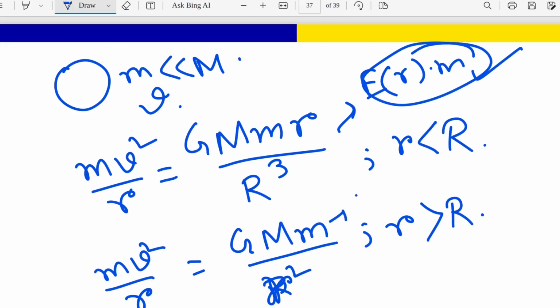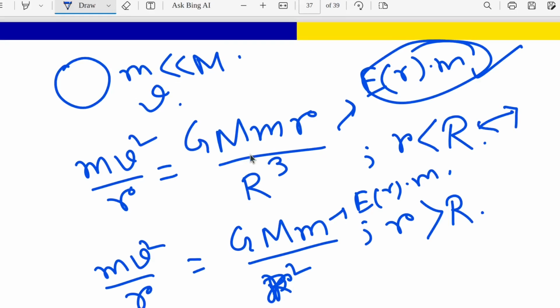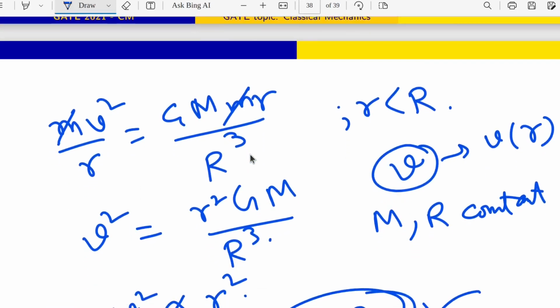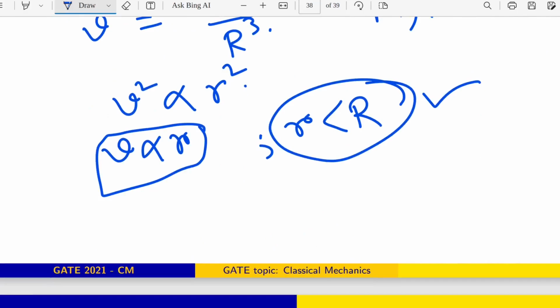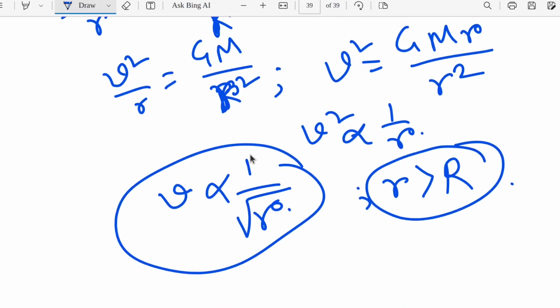Then from that, in the two different conditions, we can have the expression of v in terms of r. One is proportional to r and another one is 1 by root over r. And with the help of these two, I can get that type of plot.